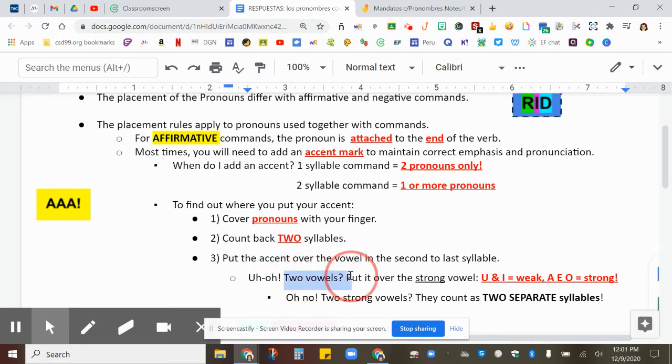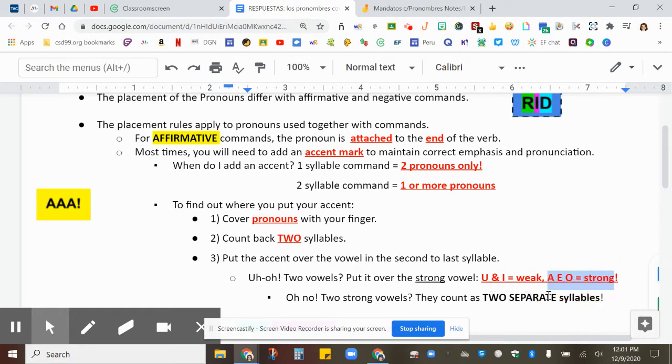What happens when there are 2 vowels in that second to last syllable? Then you must use this rule to help you differentiate where the accent mark goes. The vowels U and I are weak vowels. So when they are paired with another vowel, they're the weaker of the 2 and are not strong enough to carry the accent mark. Vowels A, E, and O are strong.